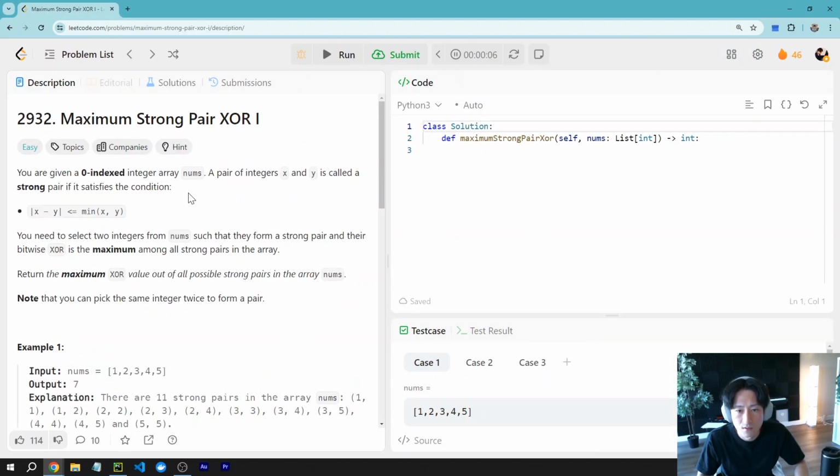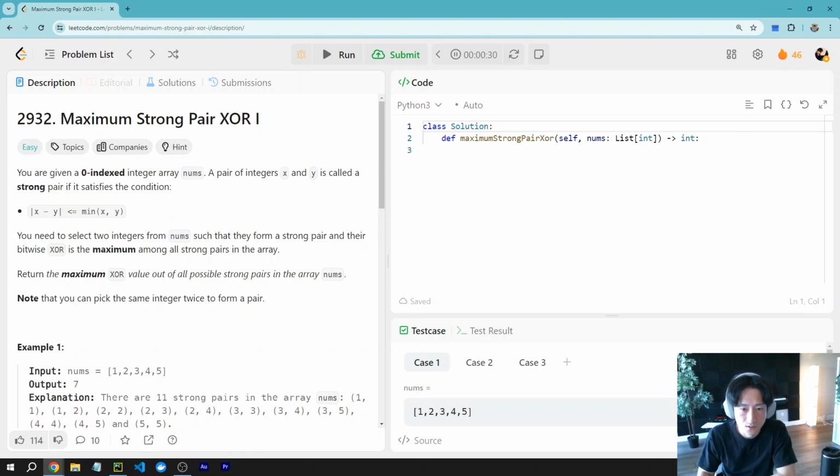You're given a zero-indexed integer array nums. A pair of integers x and y is called a strong pair if it satisfies the condition: the absolute difference is less than or equal to the minimum of the two numbers.